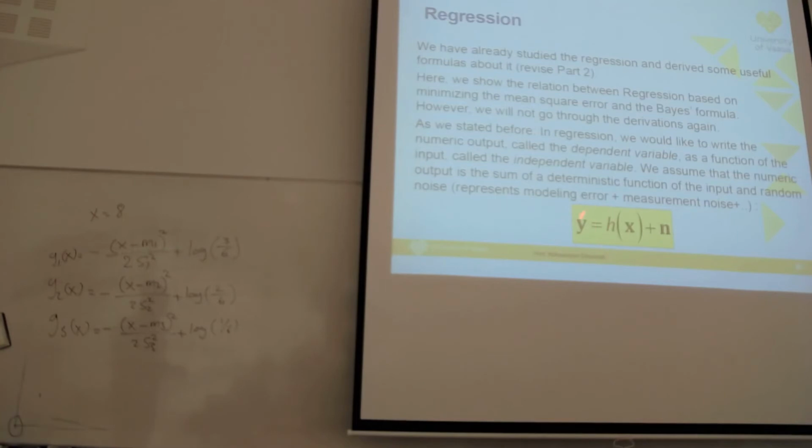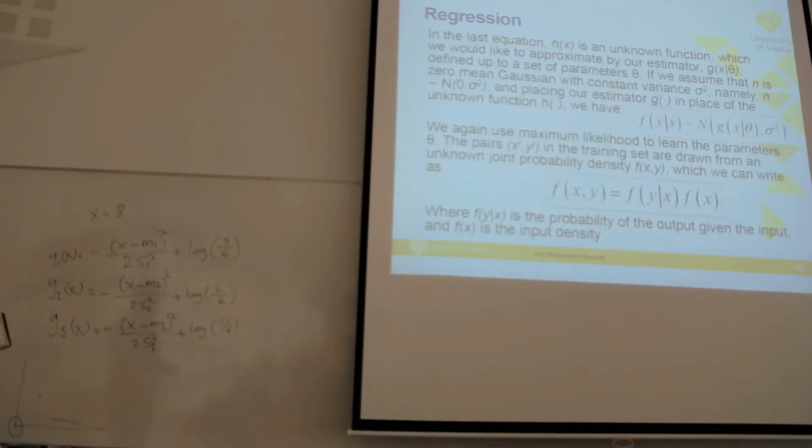So here we have y equal to h of x plus n, and we are interested in x, and we don't know h, but we can estimate h as g, for example. We put some estimation, like we say that it is polynomial, and then we try to find the parameters of this polynomial.